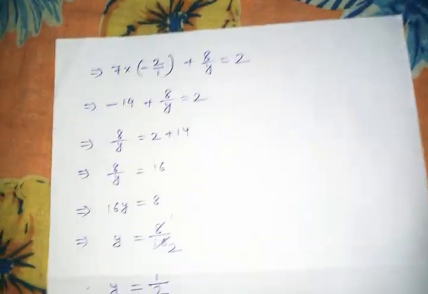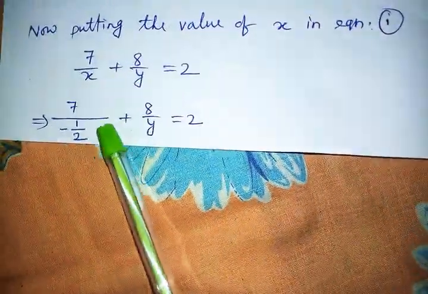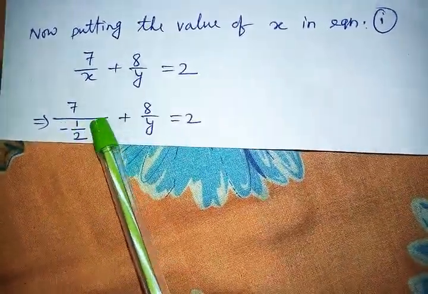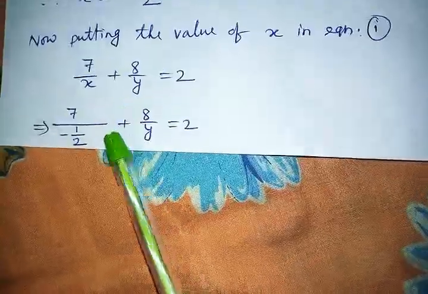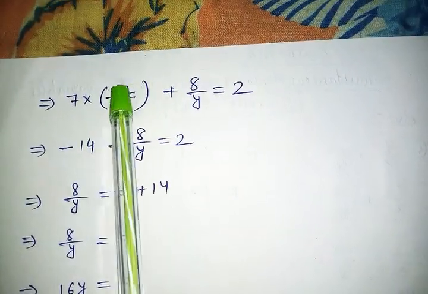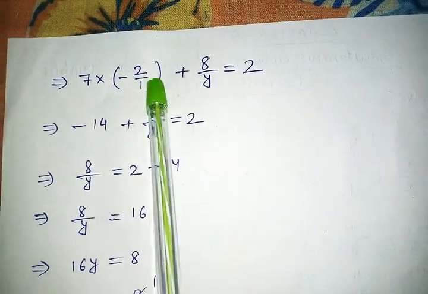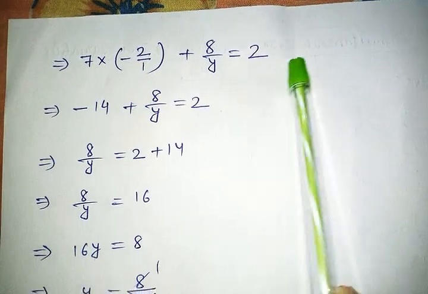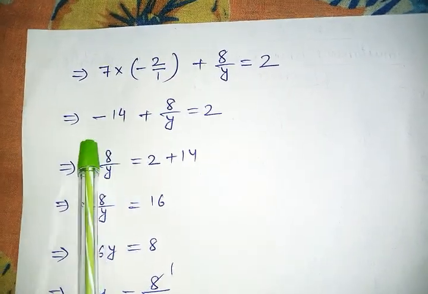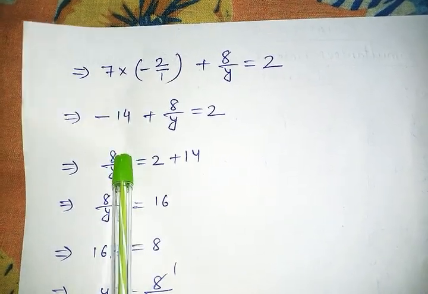So here what happens, if we do reciprocal, then 7 and divide becomes multiplication, 2 goes up, 1 comes down. So that way I have done here 7 into minus 2 by 1, because division if we do multiplication it changes sign. Plus 8 by y is same, equal to 2, and here 7 2s are minus 14. 1 has no value at the denominator.